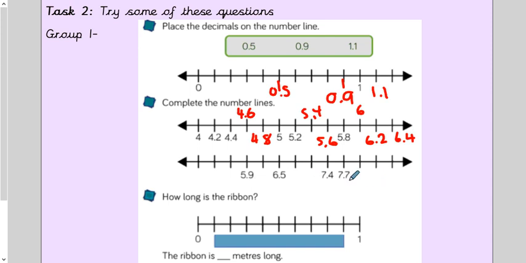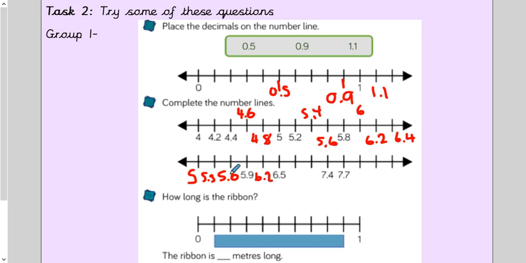And the bottom one is going up in 3s by the looks of it. So 5.9 add 0.3, 3 tenths, would be 6.2. And then you have to count backwards. So 5.9 take away 0.3 is 5.6. 5.3, and it should start on 5.